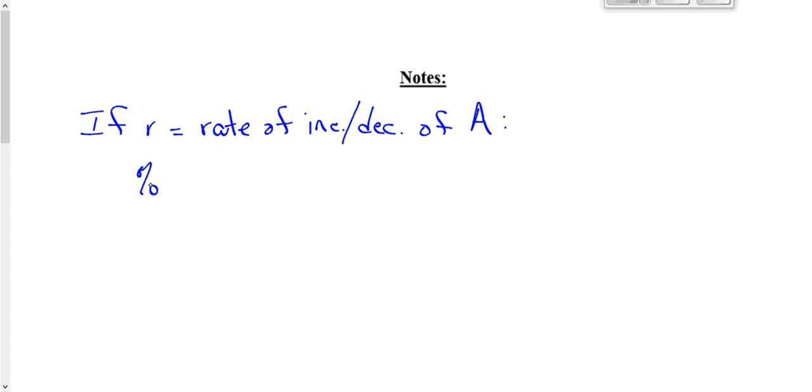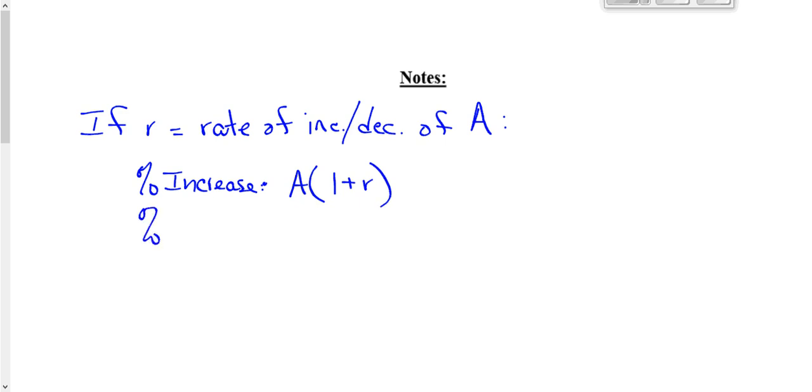For percent increase, it would be that amount times what? One plus whatever that rate is, right? You know, as a decimal.